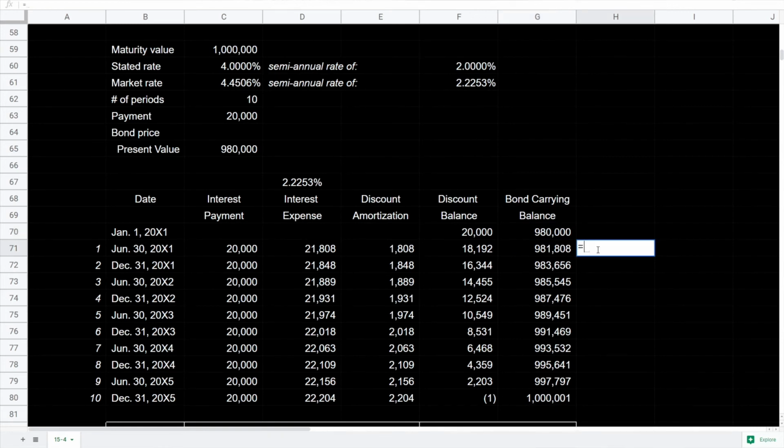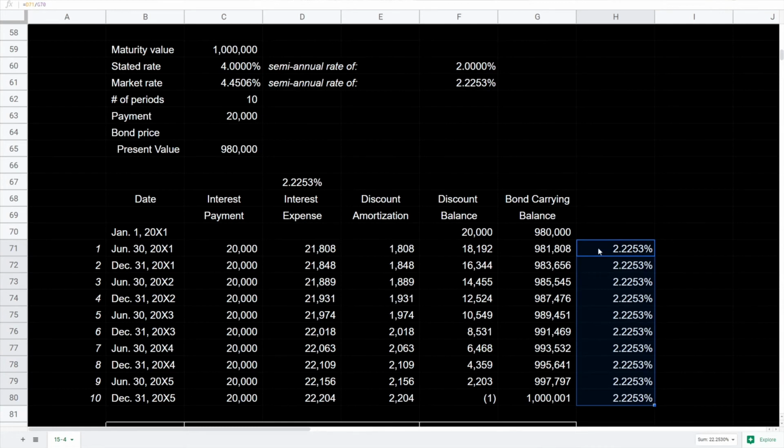If we were to take the interest expense from the first period, $21,808, and divide it by the preceding carrying value, we would see a couple of things. The first thing we would see is that the rate of interest matches the market rate that was in effect perfectly. The next thing that we'll see is that it is consistent all the way over the life of the bond. And that differs from what we saw before.